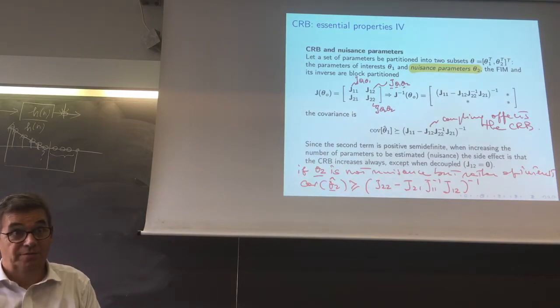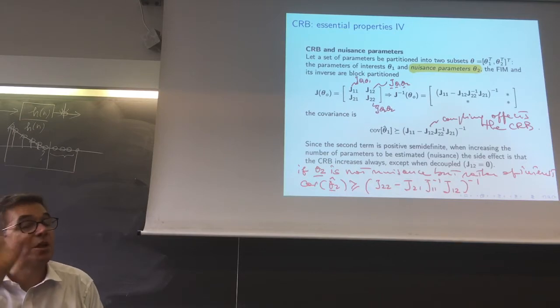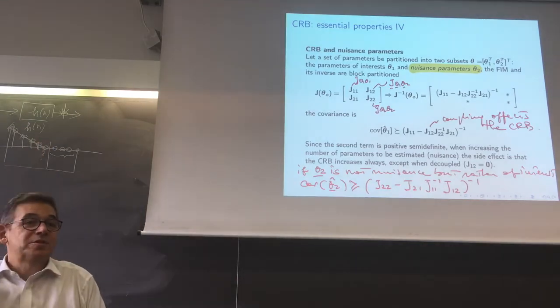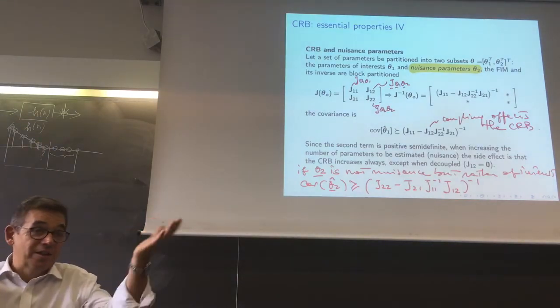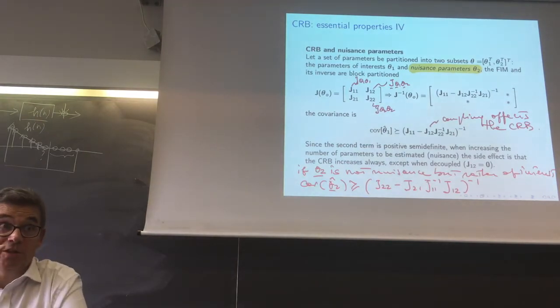And clear? In a Fisher information matrix, is the element of interest always J11? No, it changes, it depends on where you put it. You can put amplitude, phase, frequency like we did, and it depends on where you order. Very important that you keep the order.